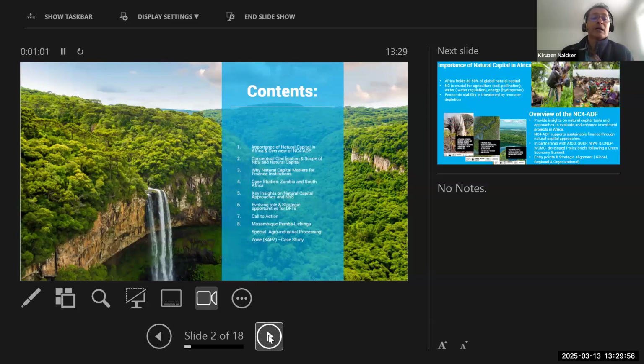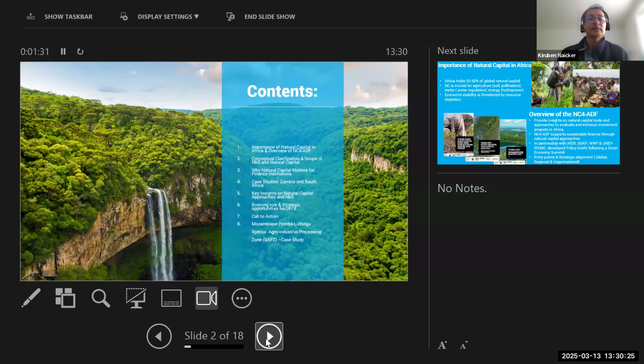And I'll clarify some conceptual understandings of the concepts that were used in the policy briefs. And then I'll present very briefly some of the case studies and go into more detail on the Mozambique Pemba Lechinga case study.